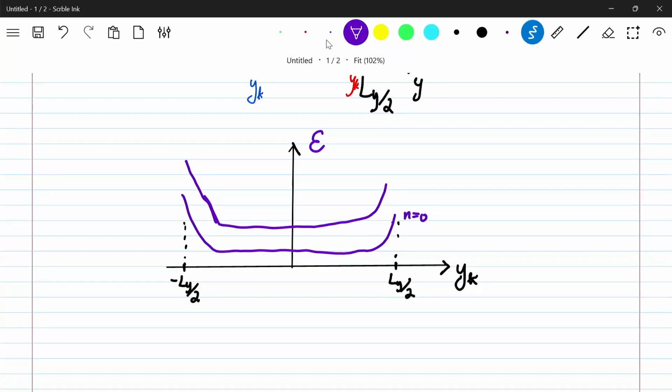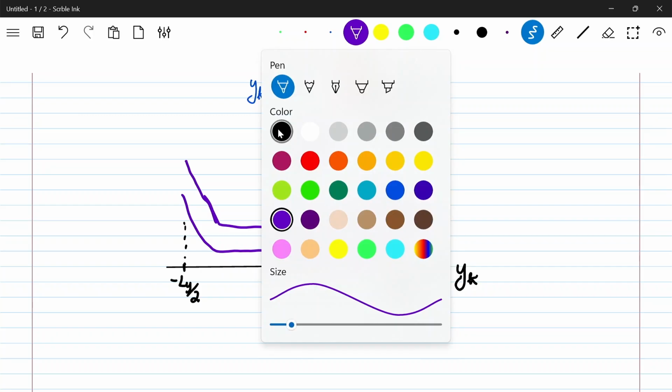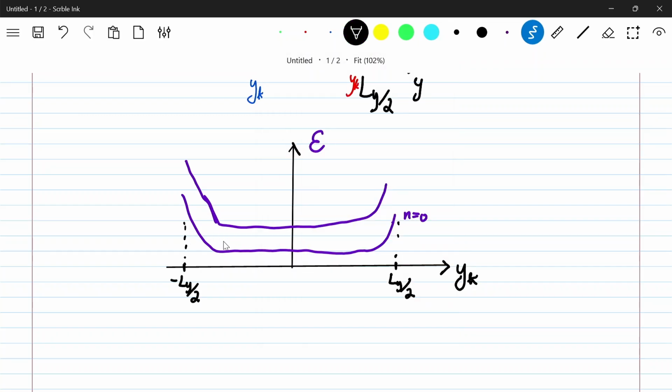I can now assume in equilibrium that there is some Fermi level somewhere here. Okay. If this is the Fermi level, then all the states below the Fermi level are occupied, and we have an equilibrium situation and no current flows because we are at equilibrium.